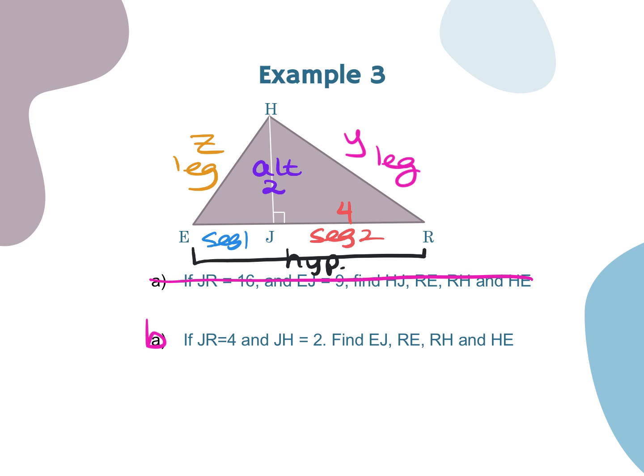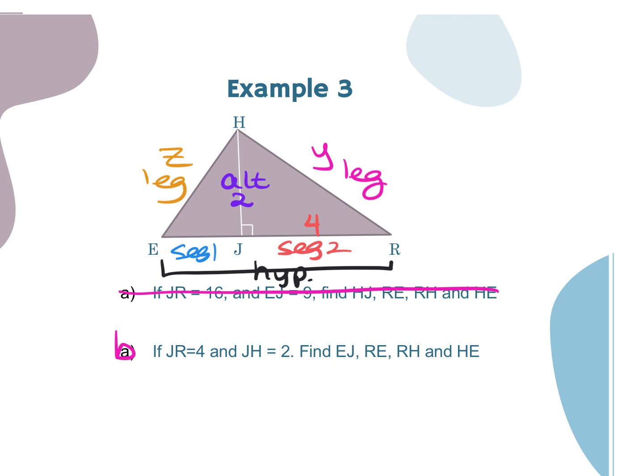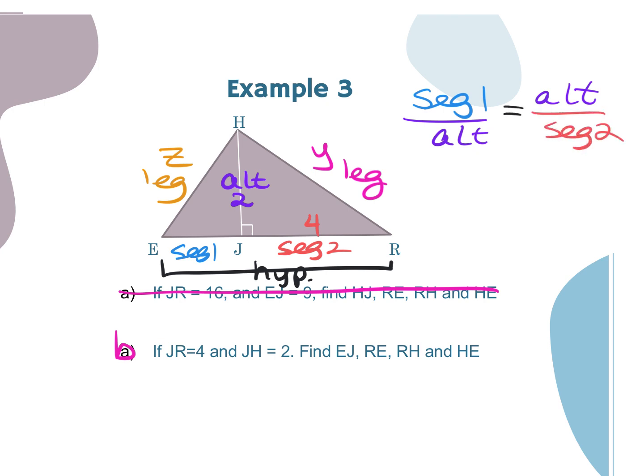So let's use our first proportion. We're going to use our geometric mean altitude proportion. So remember that one was segment 1 over altitude, and then altitude over segment 2. This is the proportion we're going to use.